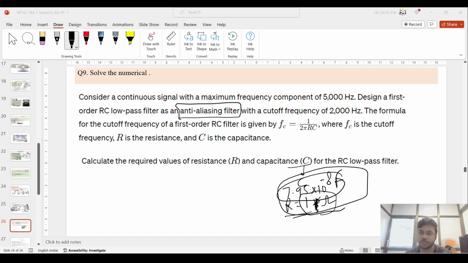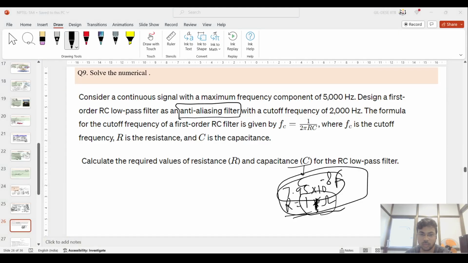Ritika is saying frequency is 1 upon 2 pi RC, that is the C value. Okay. Yeah, Ritika, I have got your point that you are using frequency is equal to 1 upon 2 pi RC. That is fine.